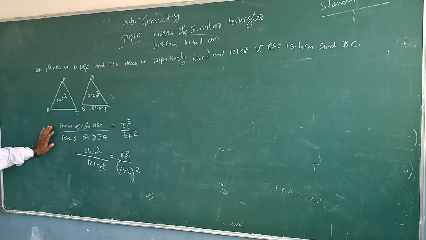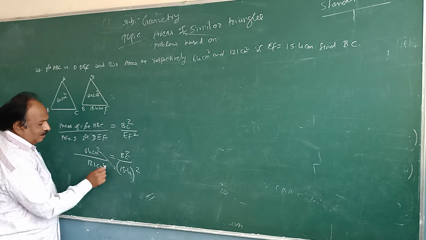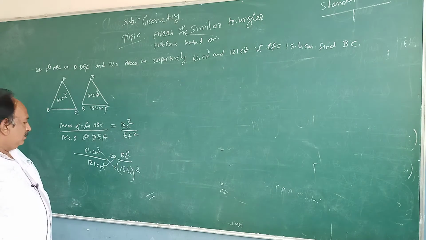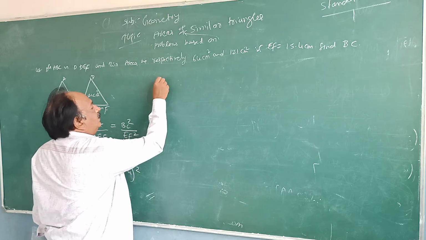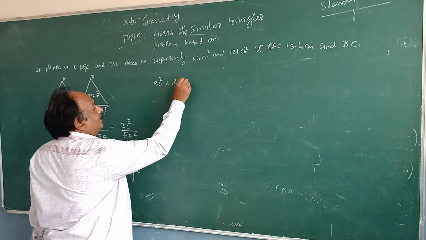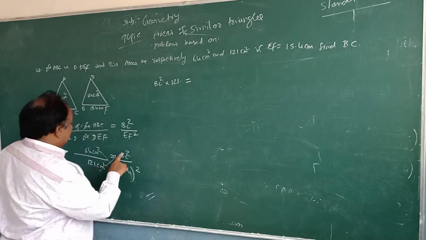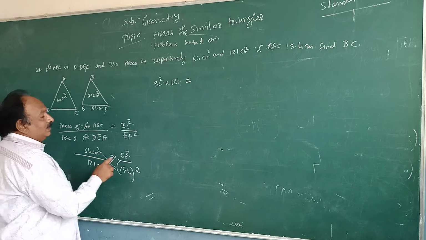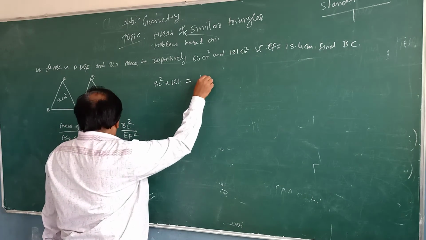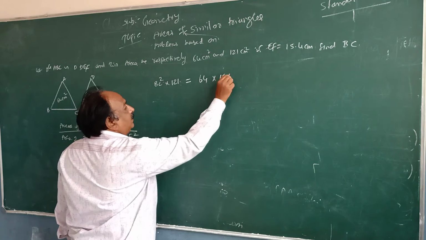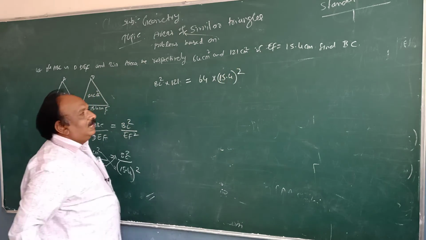The method of simplification is very important. Taking cross multiplication, BC square into 121 is equal to 64 into 15.4 whole square.